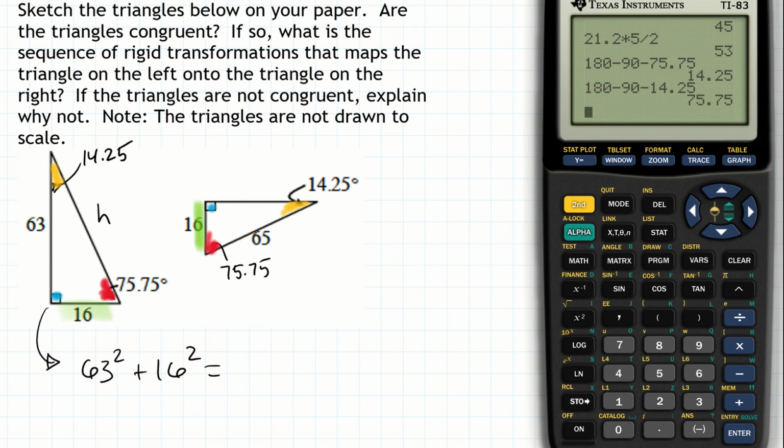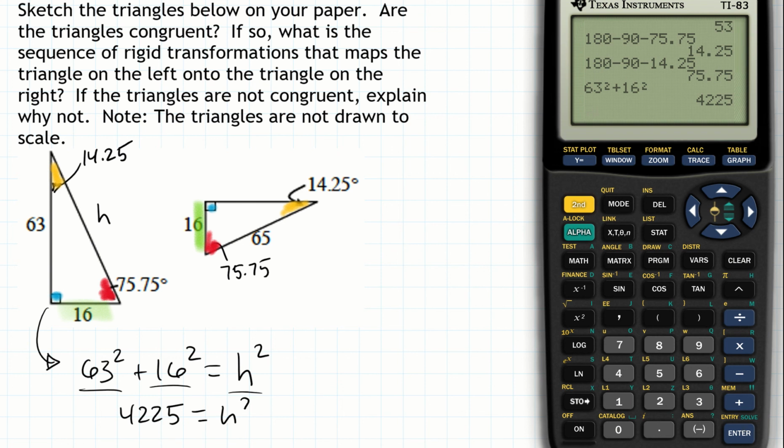I guess we use C a lot too, but I'm just going to say H. So leg squared plus the other leg squared is the hypotenuse squared. So if I grab my 63 and square that, and then add to that the 16 squared, I get 4,225. So 4,225 is exactly what H squared is.